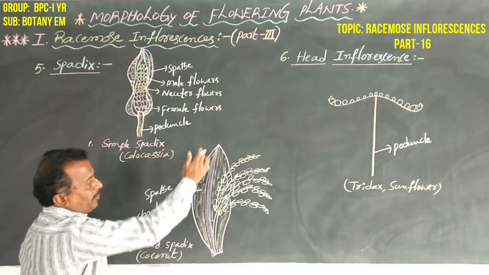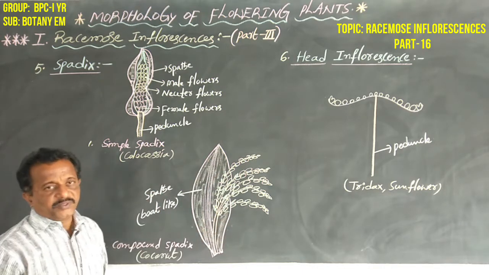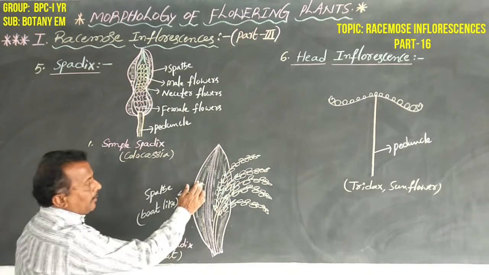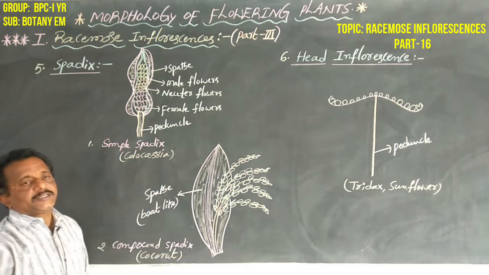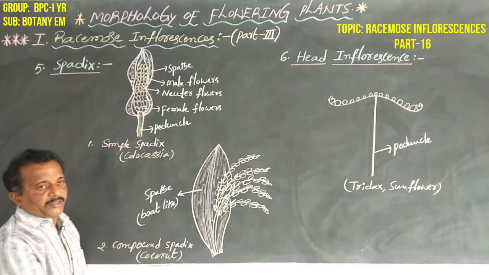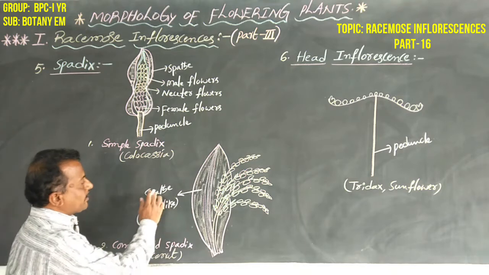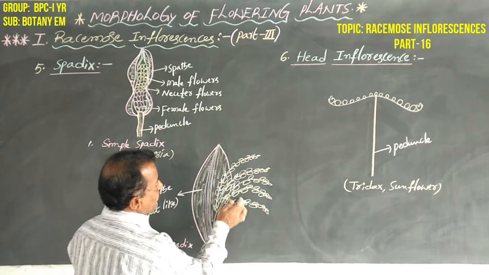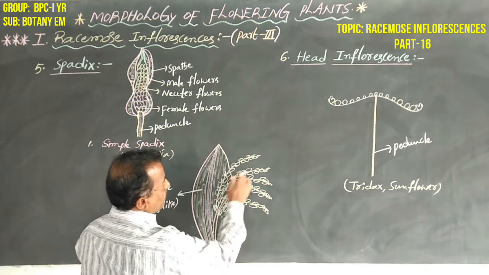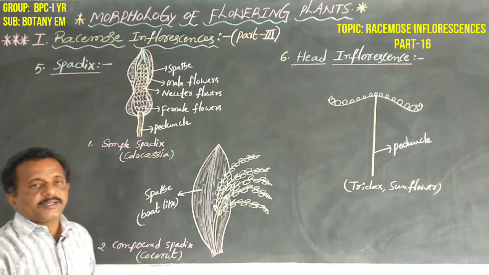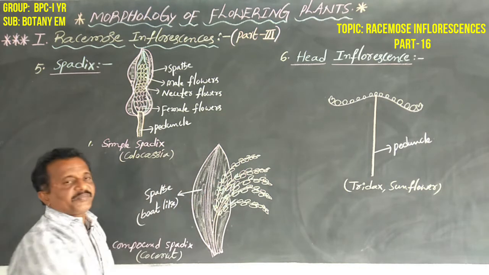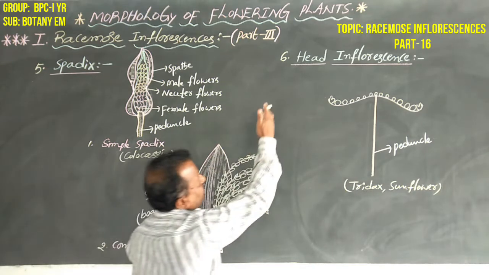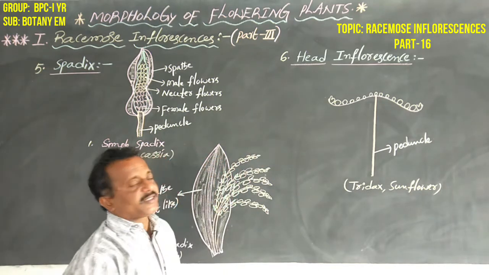This is a boat-like spathe. This is a peduncle, and these are branched peduncles, and these are also unisexual sessile flowers.